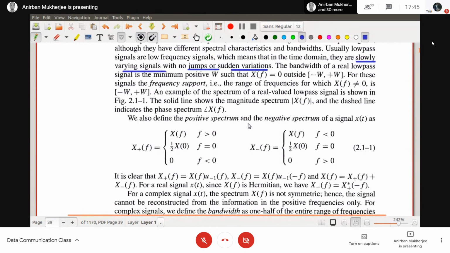Now what about the positive spectrum and negative spectrum? The positive spectrum we define in this way: when frequency is positive, I take X(f), and when it is negative, I take zero, with half of X(0) at the origin. Similarly, for the negative spectrum, for negative frequency I take X(f), and it is half of X(0) and 0, and if we add these two, I will get the original spectrum.